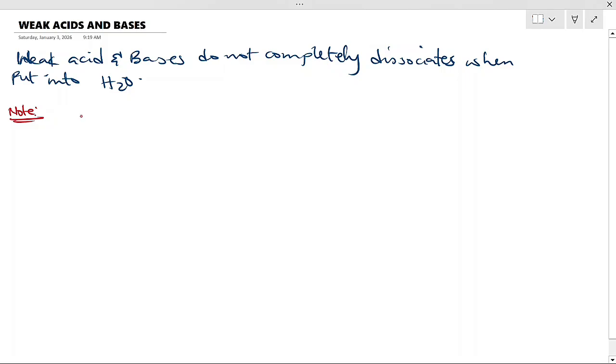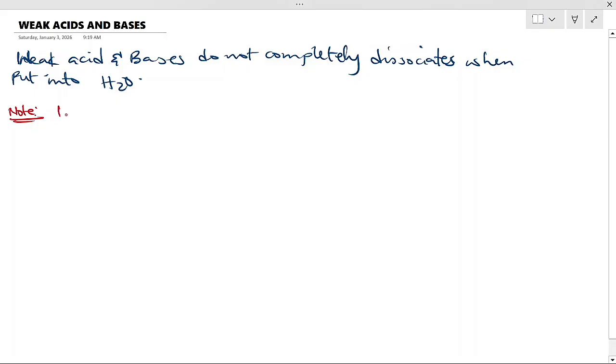The H plus moves from one species to another. The species that the H plus moves from, the one donating, is regarded as the acid, and the species that the H plus moves to, accepting the proton, is regarded as the base. Very important thing to note.